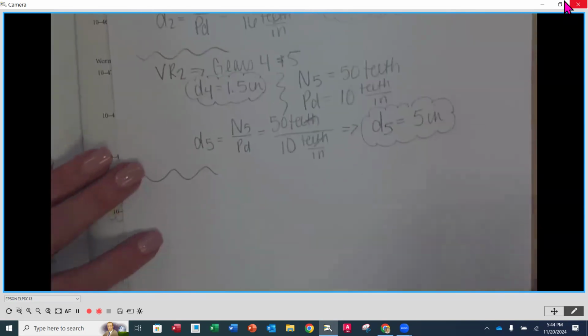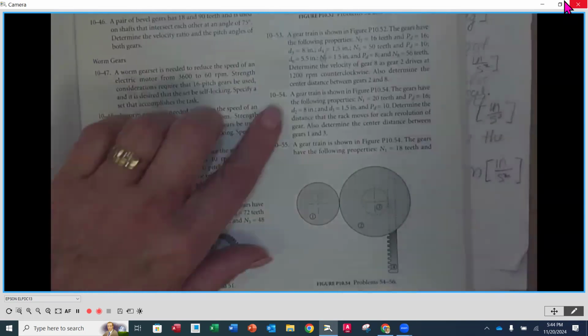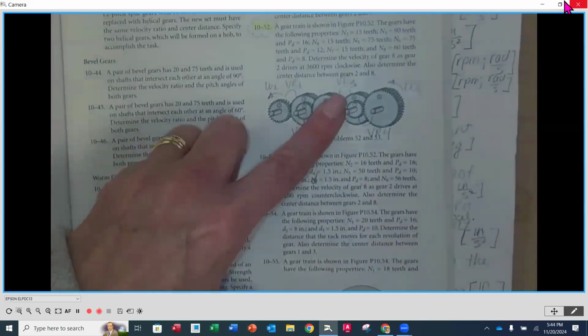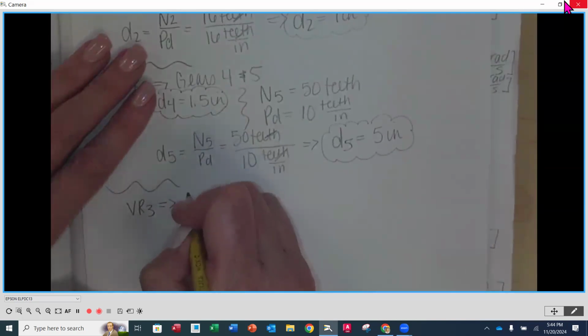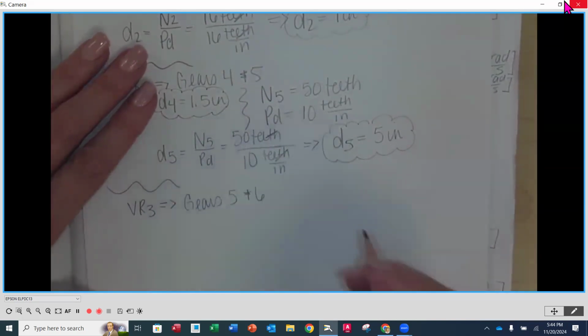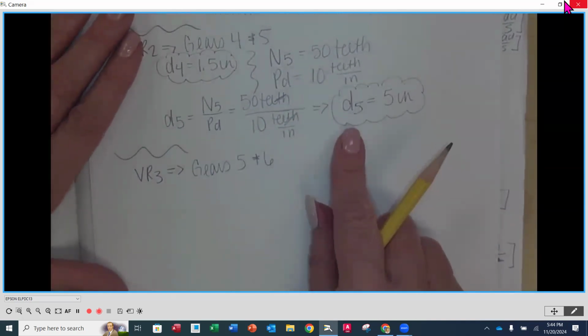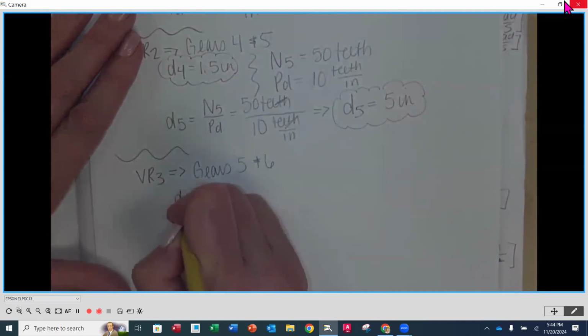All right, velocity ratio number 3. Okay, that is going to be 5 to 6. So it's going to be gears, what? Gears 5 and 6. So we just calculated the pitch diameter of 5.